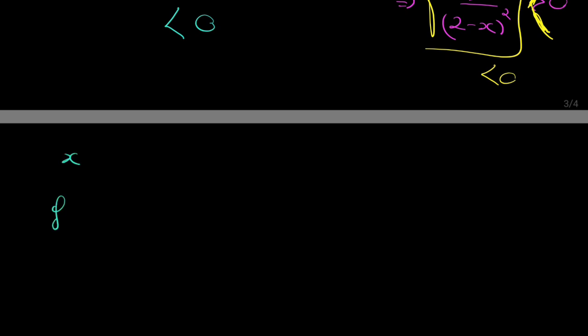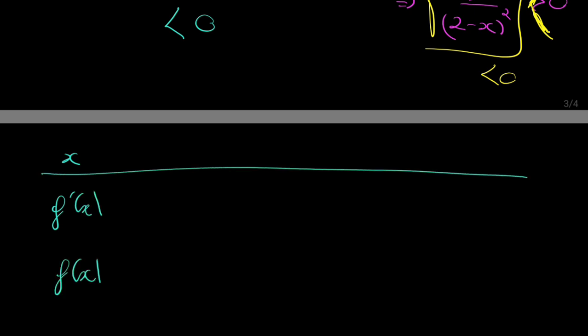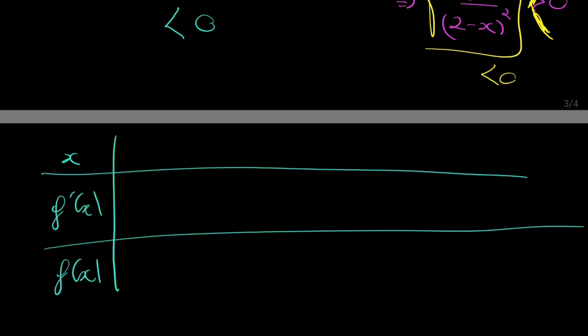We've got x, f prime of x, and f of x. So what are the important values? Of course, minus the infinity, 2, which is the forbidden value, and plus the infinity.